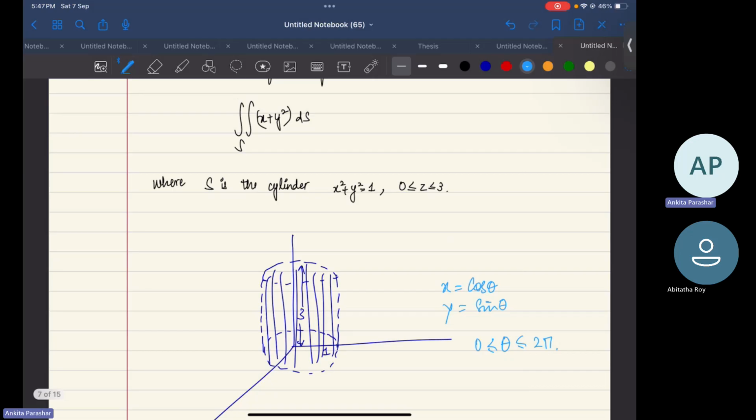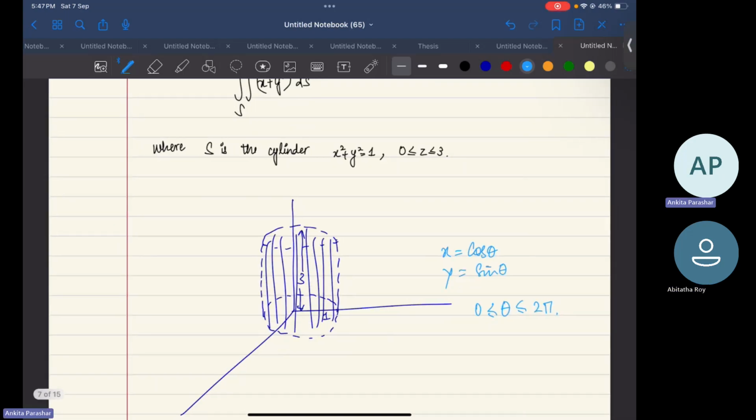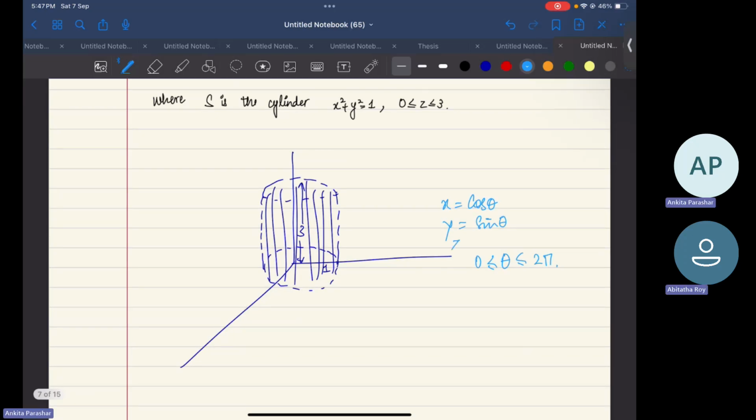And I will not change the z coordinate. Z itself is very simple looking. It's from 0 to 3. All right, so my parameterization is now in terms of theta and z. Or maybe if you want, you can write z to be a certain u, but I think that's very immaterial. I'm just writing the same thing.